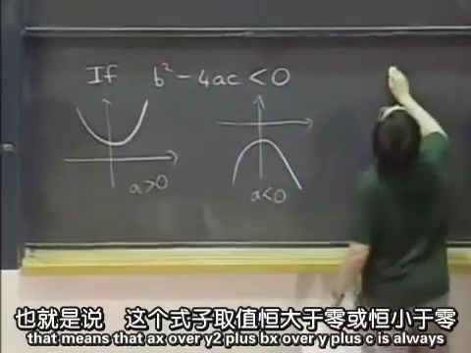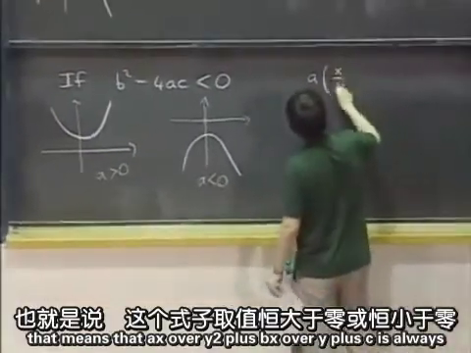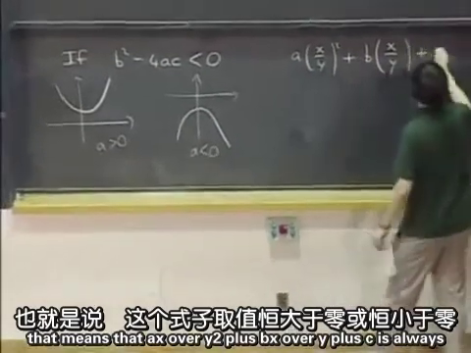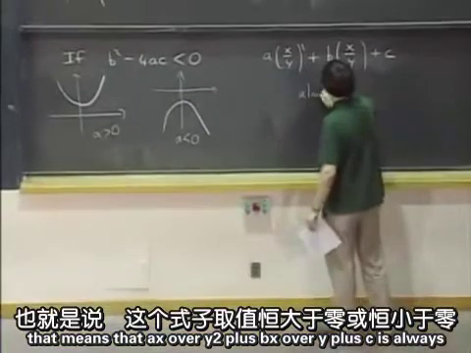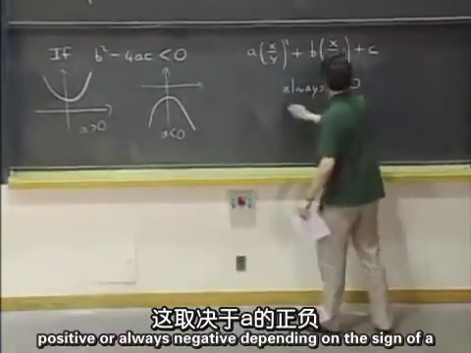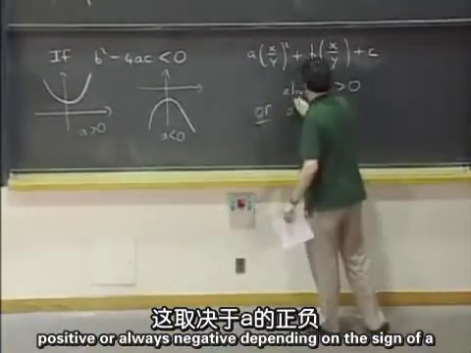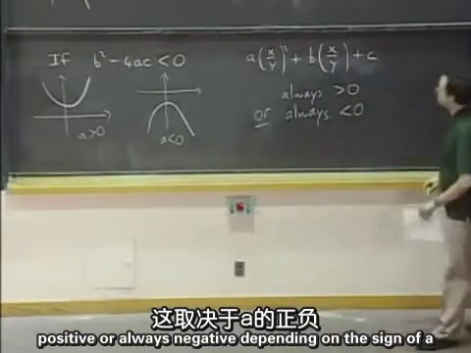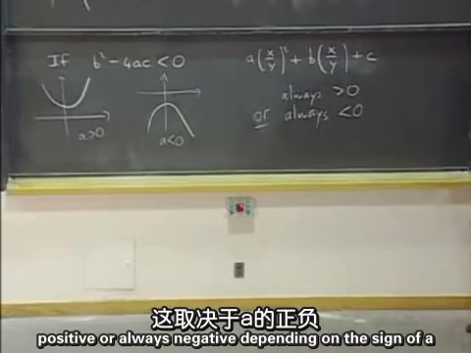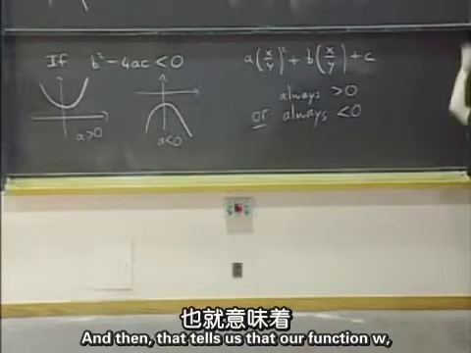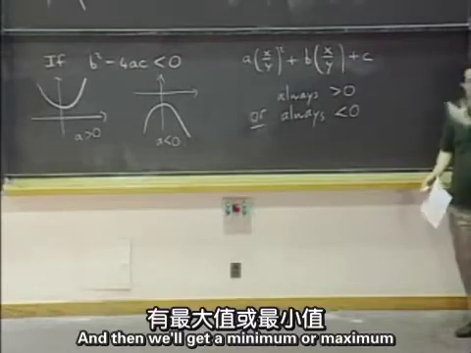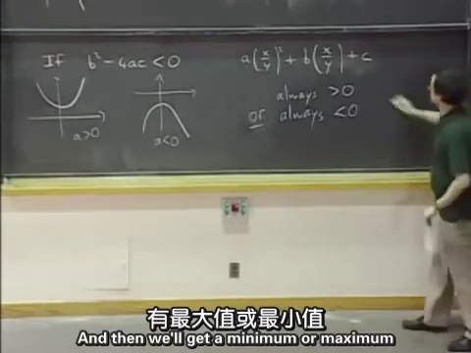So in particular, that means a x over y squared plus b x over y plus c is always positive or always negative, depending on the sign of a. And then that tells us that our function w will be always positive or always negative, and then we'll get a minimum or a maximum.